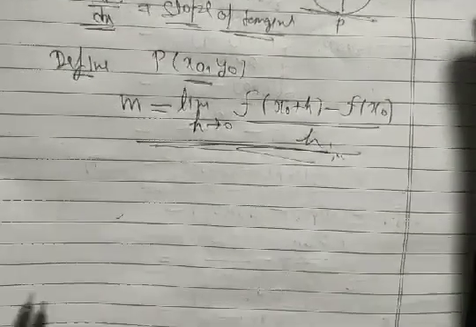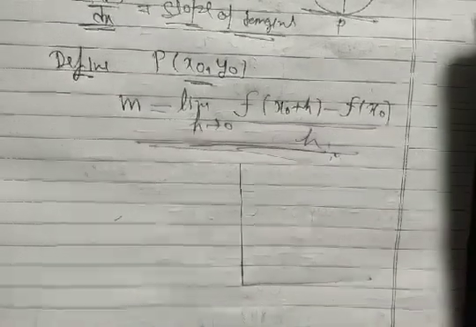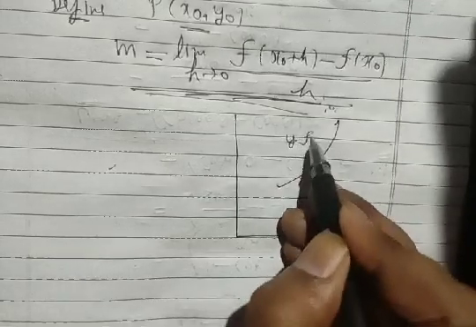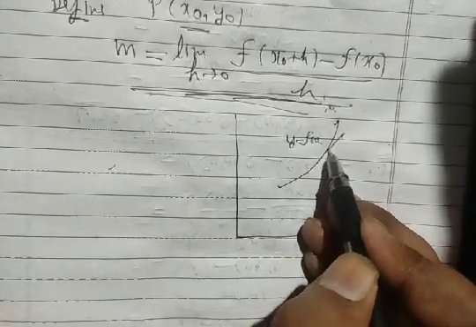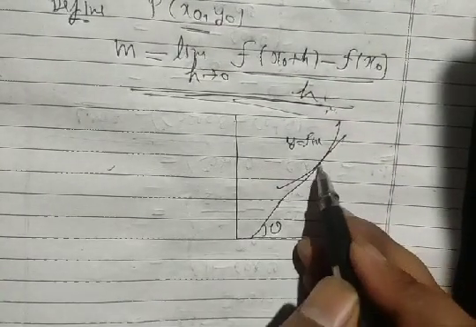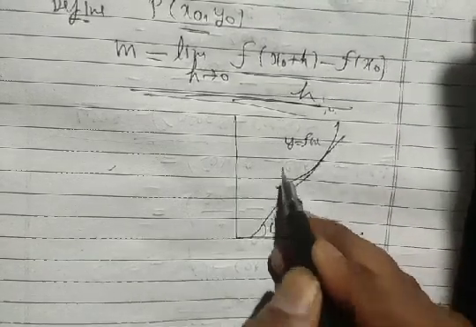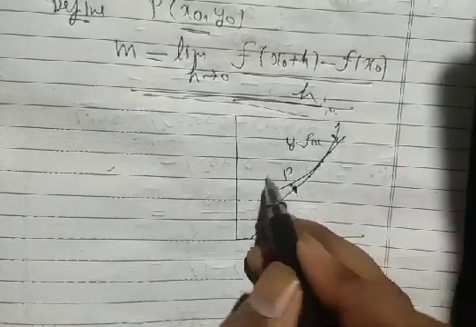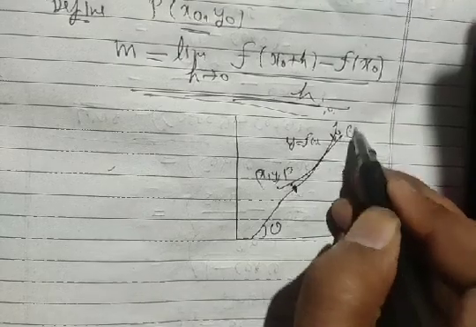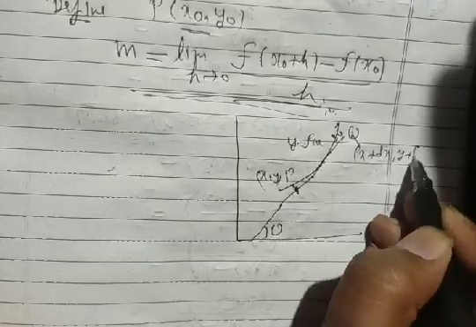You can also define the tangent for any curve y equal to f(x) this way. Taking angle theta, take two points P and Q on the curve, where P is (x, y) and Q is (x plus delta x, y plus delta y).